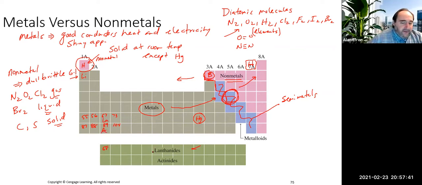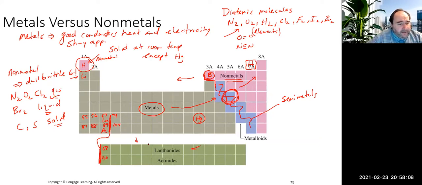And that's why these are called the lanthanides and actinides, because technically speaking, these two guys go right in here, and those two guys would fit in there, but they're not usually put in there. They're usually put on the bottom, but that is where they would technically fit into the periodic table.